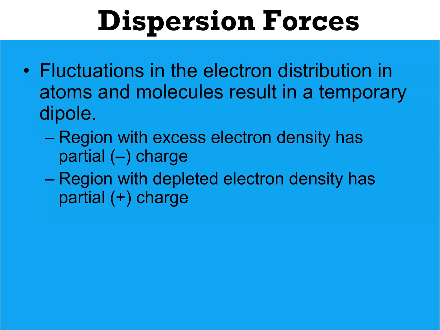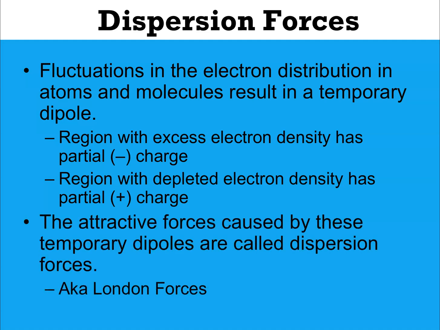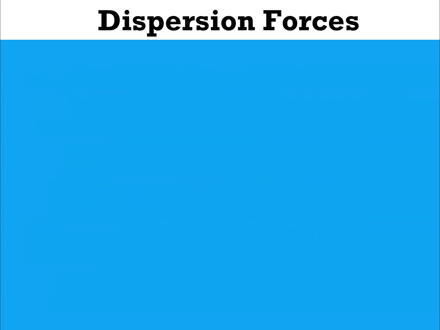Also going to create a region of depleted electron density, which is going to produce your partial positive charge. Again, everything in IMFs, partial negative, partial positive; a quote-unquote full negative, full positive, are ions only. We are not dealing with ions or ionic compounds right now. So these attractive forces of partial negative and partial positive create a temporary dipole, which again are called dispersion forces, also known as London forces. Questions so far? Alrighty then.